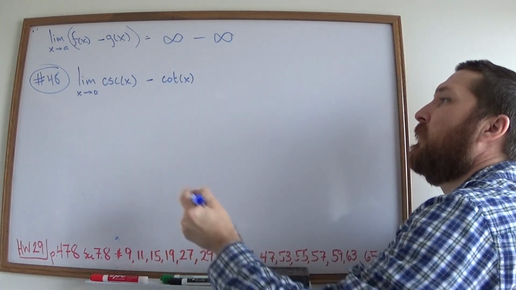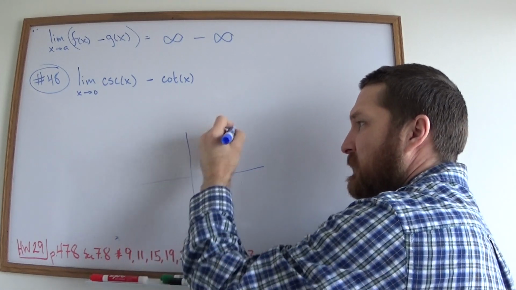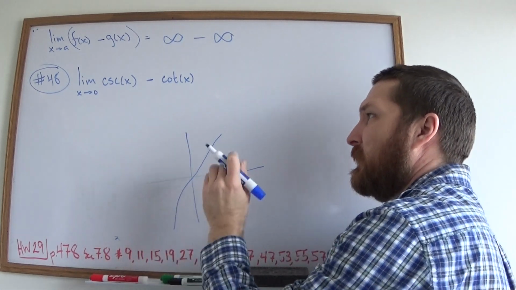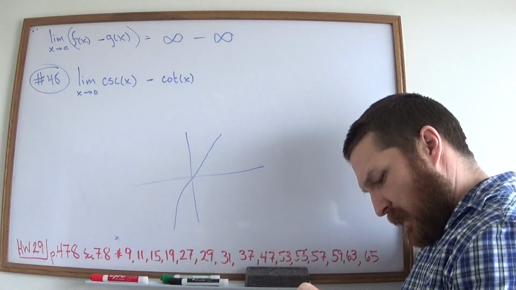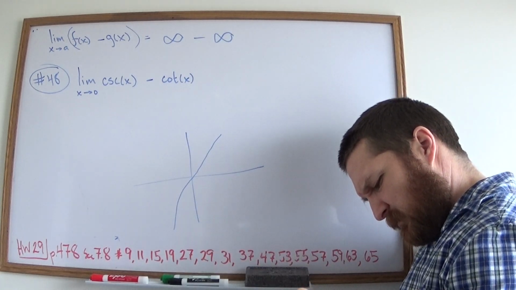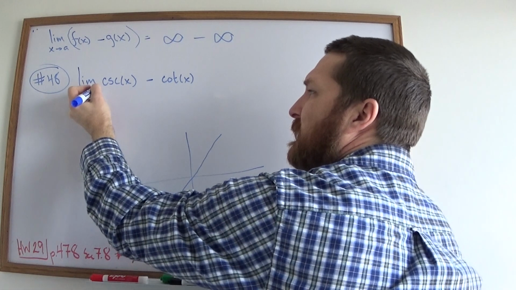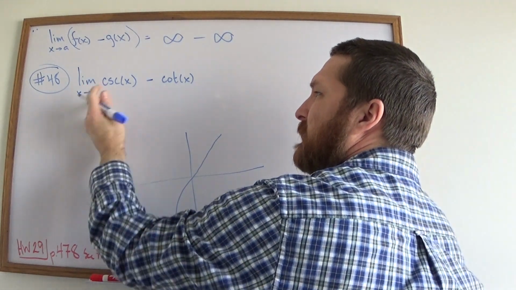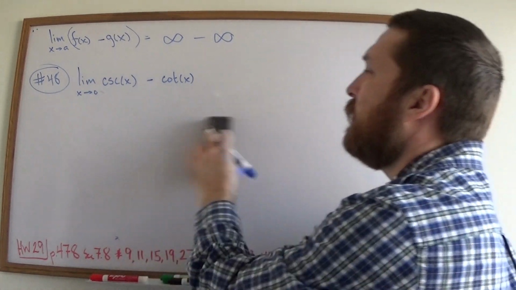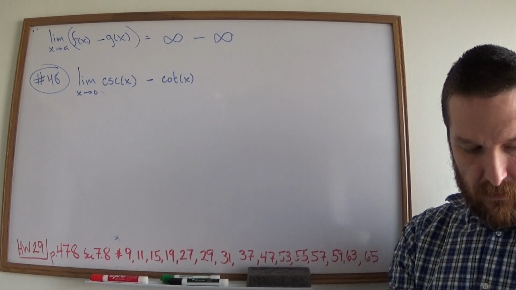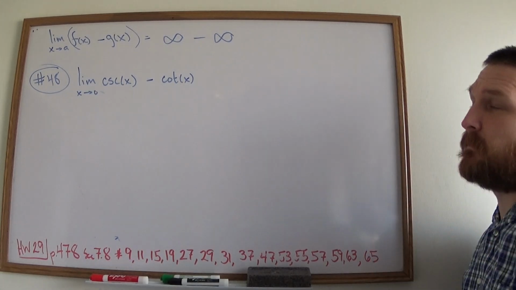Also infinity, because tangent goes to 0 and cotangent is 1 over that. What you do in a case like this, your book just says, find a common denominator.